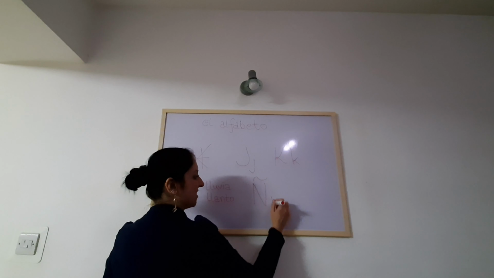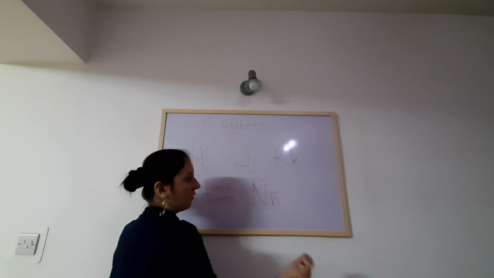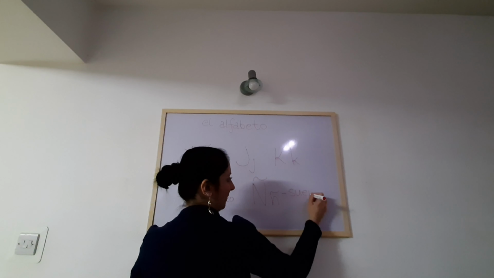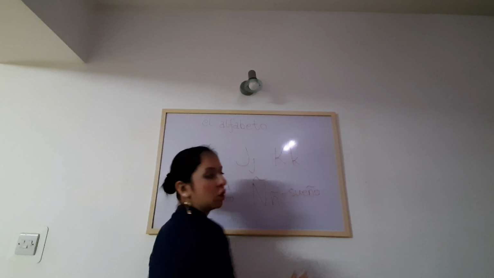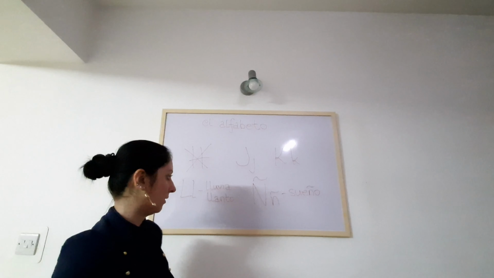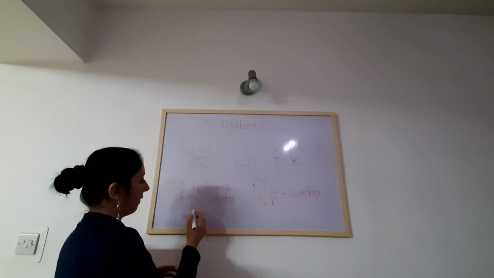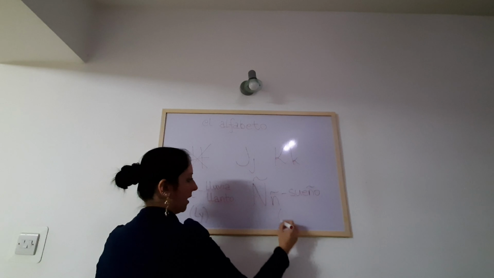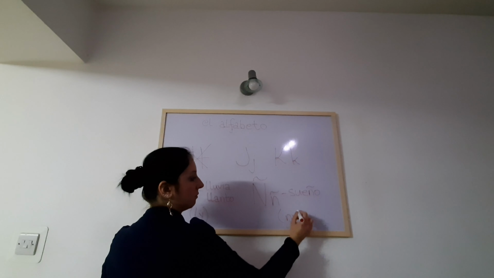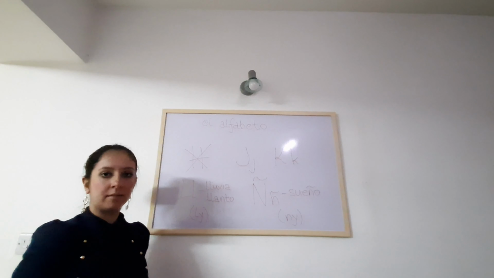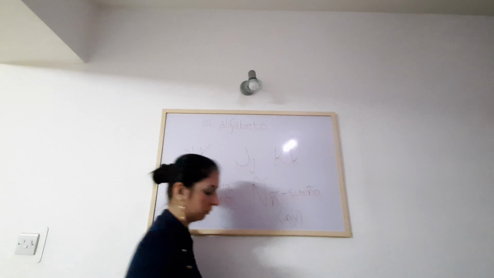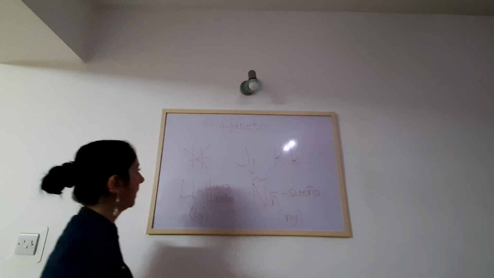This is ñ, ñ. For example, sueño, the dream. Sueño, ñ. This one you can think of as something like this, elle, if it's going to be easier. Ñ, the same thing. Okay. Then after that, O, normal.